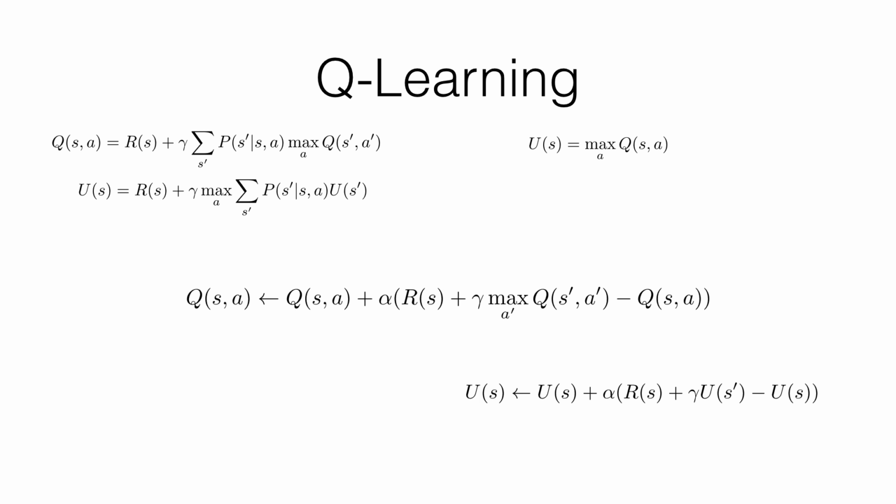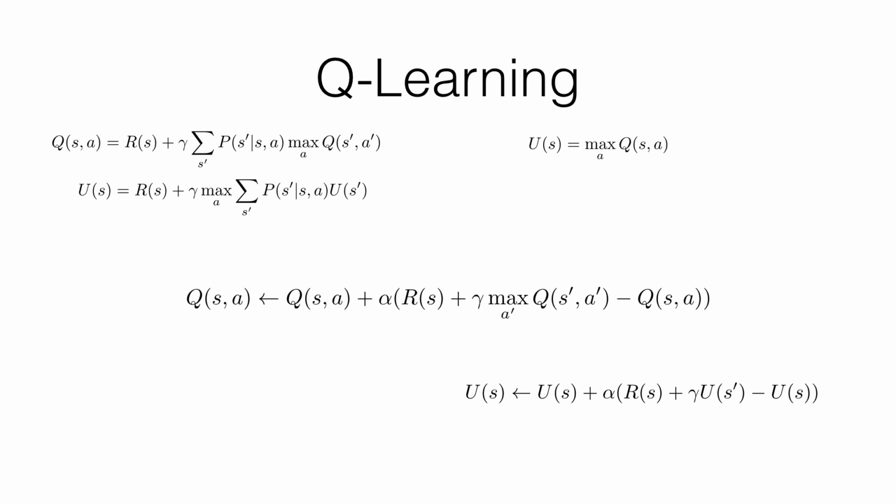It's just, again, making these updates each transition we see. And further, now that we have these Q functions, we no longer need to even think about the transition probabilities at all, right? Originally, we would always have to think about them when we go to compute our policy. Maybe sometimes we don't need to think about them when we compute the utility, but when we go to compute the policy, we have to think about what the expected value of the utility is going to be given the transition probabilities.